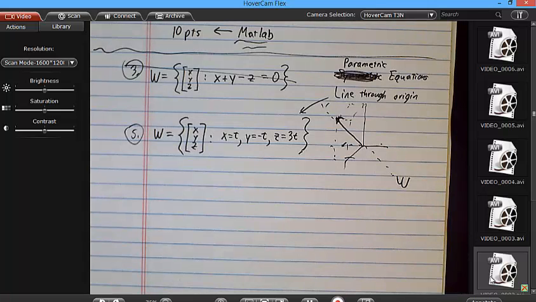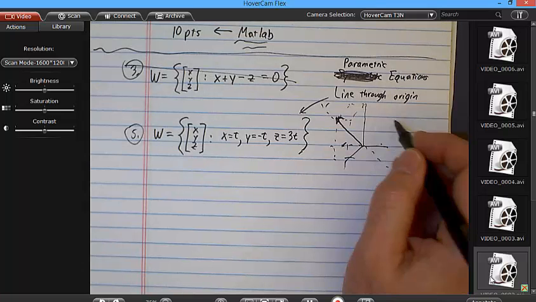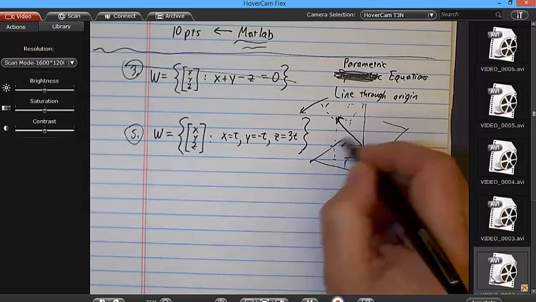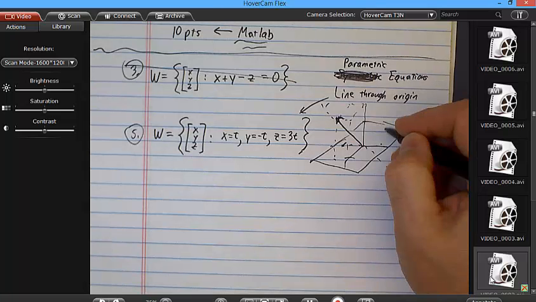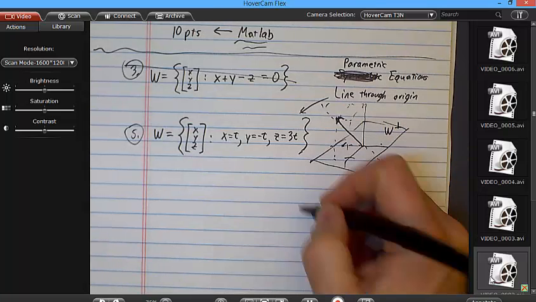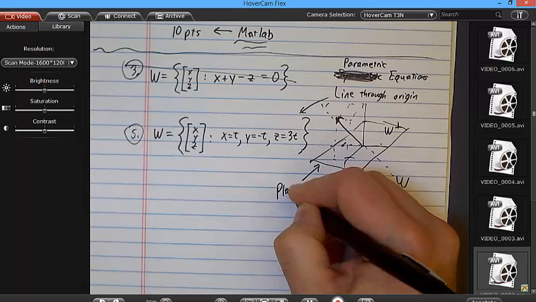So it's a subspace through the origin, which is, now how does that look perpendicular to the line? Wow. I'll just pat myself on the back. No, it really doesn't. But I'm trying. Anyways, that's W perp. It's a plane containing the origin.